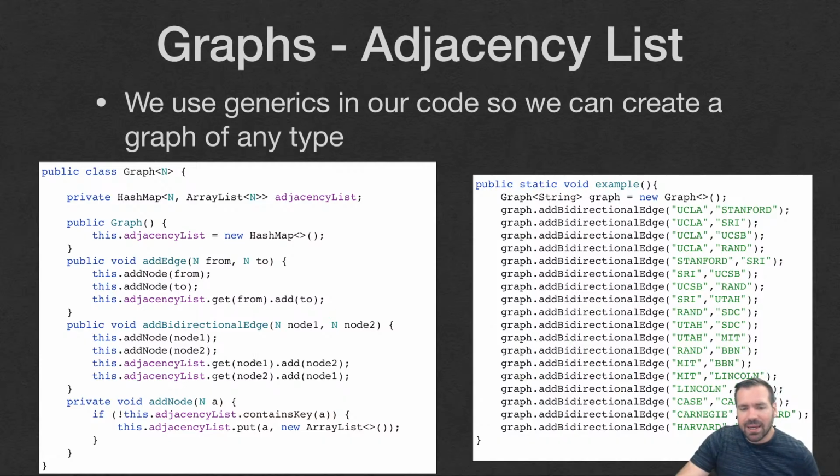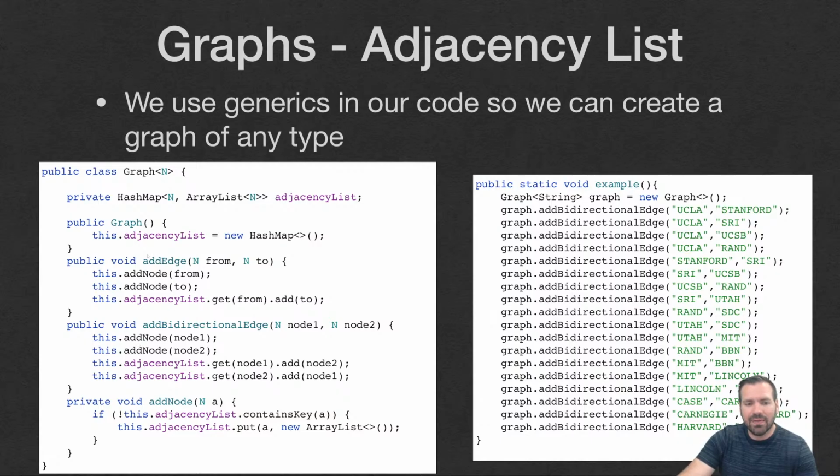When we add an edge between two nodes, we're going to do something called lazy initialization. We add an edge by defining the endpoints of that edge in two nodes, and then we're going to add the node to the graph.